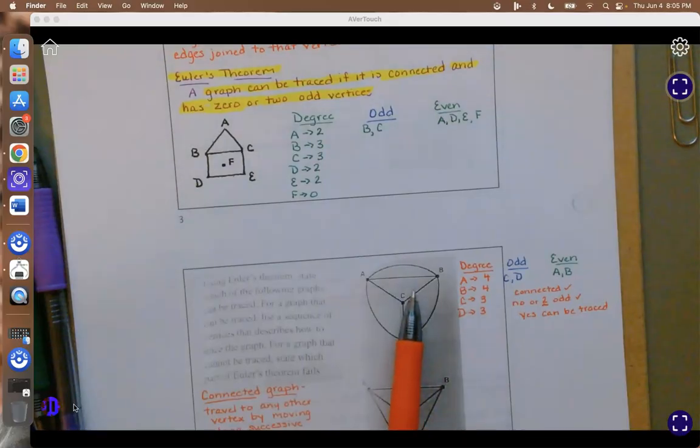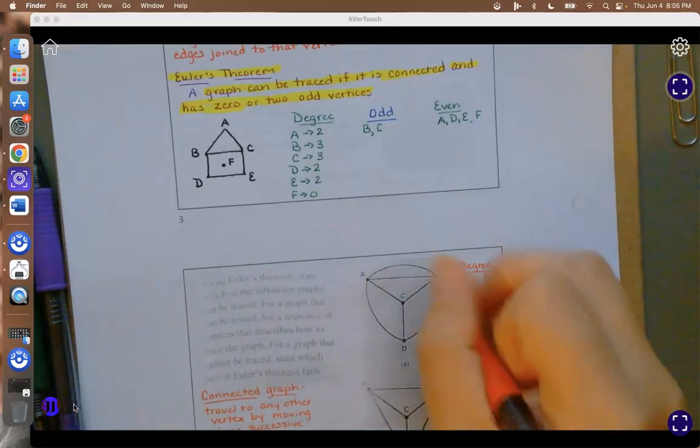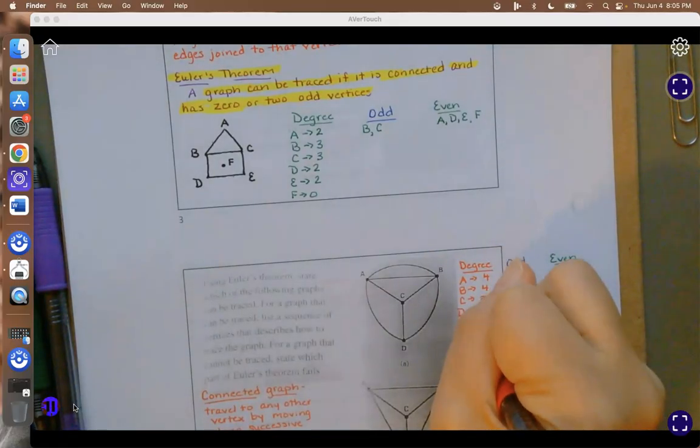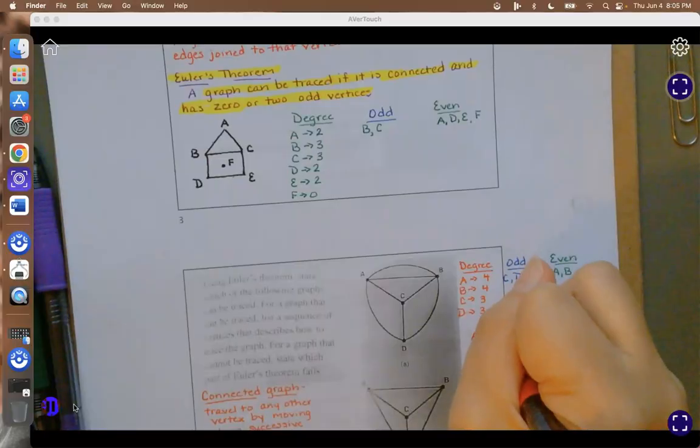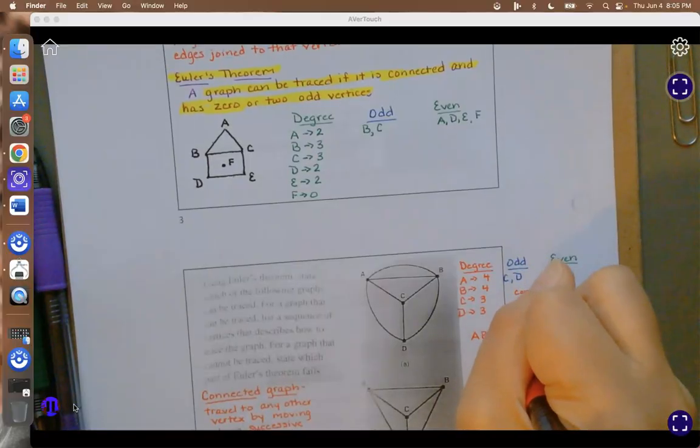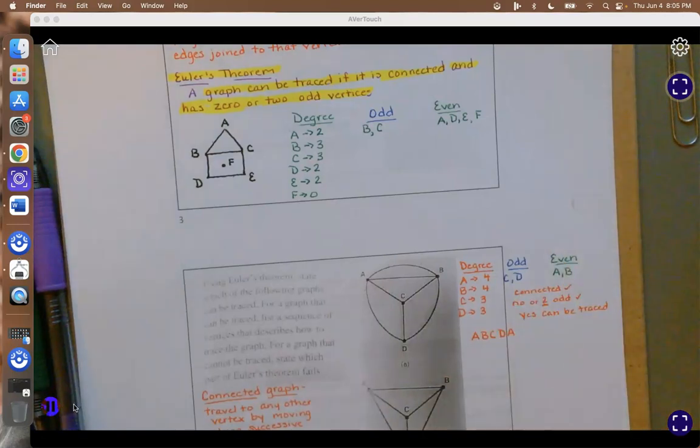B has 1, 2, 3. C has 1, 2, 3. And D has 1, 2, 3. So odd is A, B, C, D. Even is none.